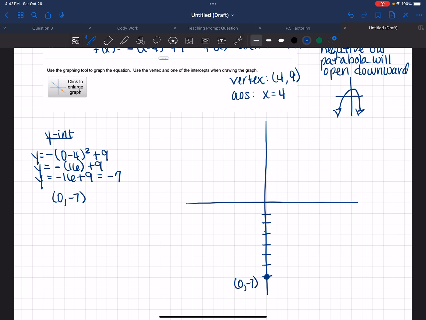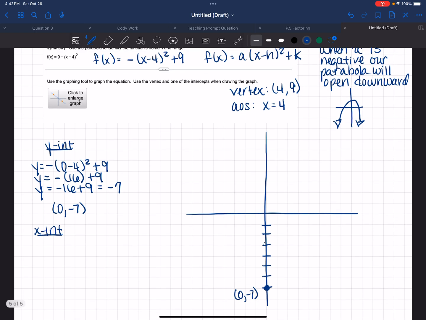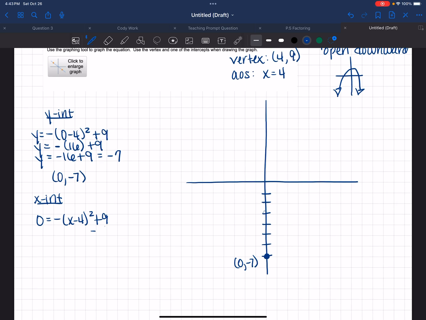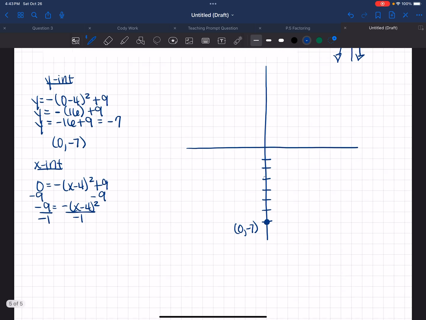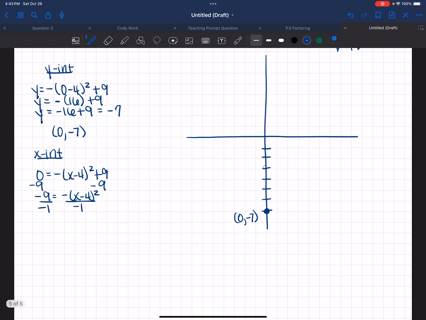Okay, let's look at an x-intercept. Remember, with our x-intercept, we set y equal to 0. So this time I have 0 equals negative (x minus 4) squared plus 9. When I subtract that 9 over, I wind up with negative 9 equals negative (x minus 4) squared. We need to divide both sides by negative 1 before we take the square root because we've got to get rid of that negative.